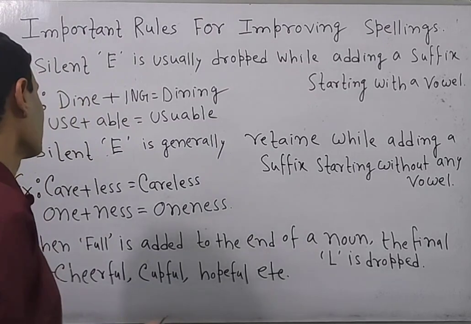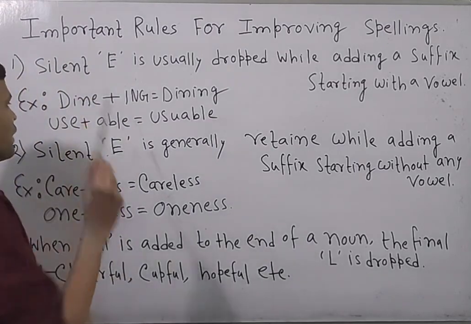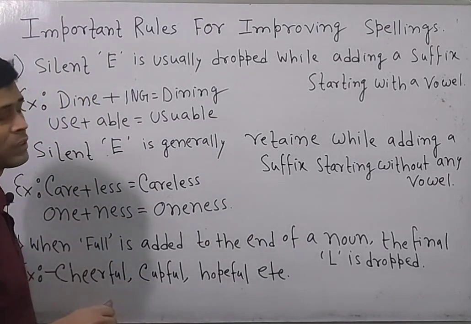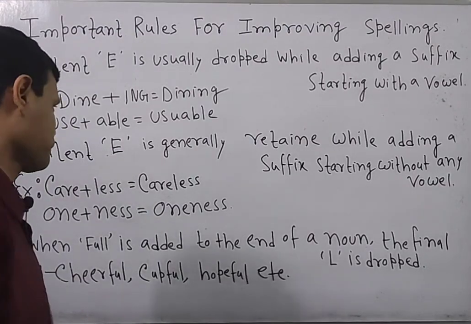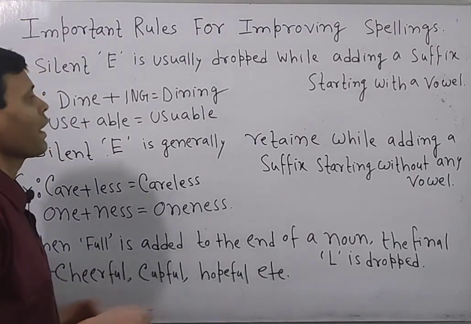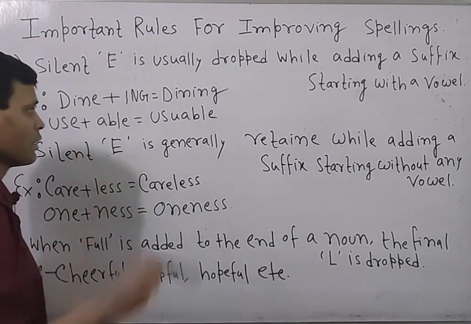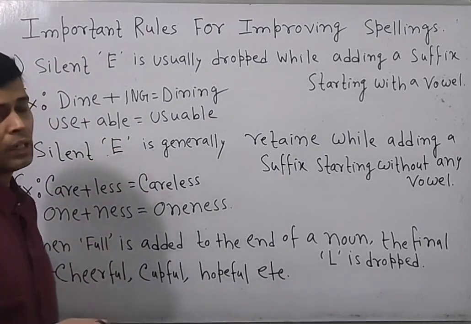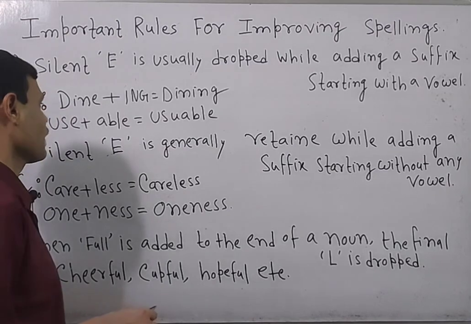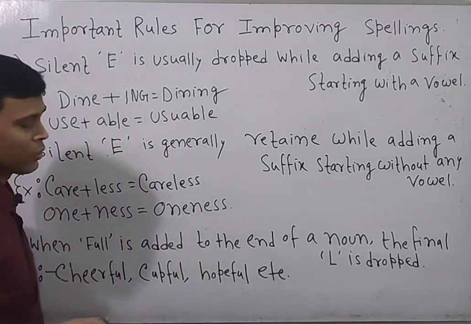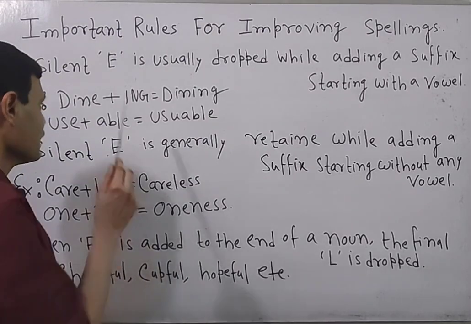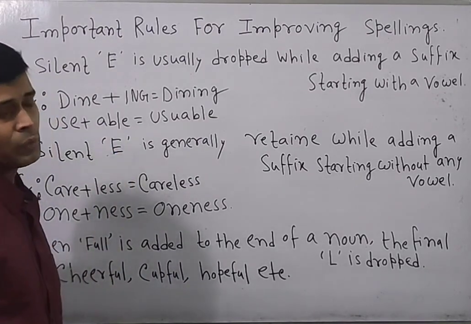For example, dine, D-I-N-E. Here E is at the end of the word and it is not uttered. But whenever you add some suffix like ing to the word dine, in that case E is automatically omitted, because the suffix ing starts with a vowel.